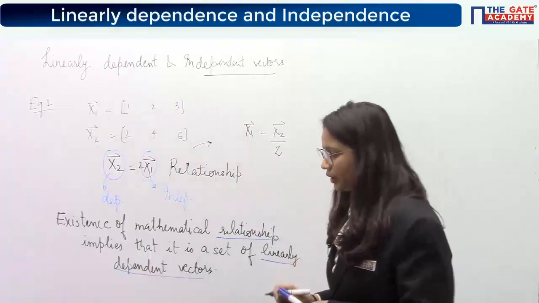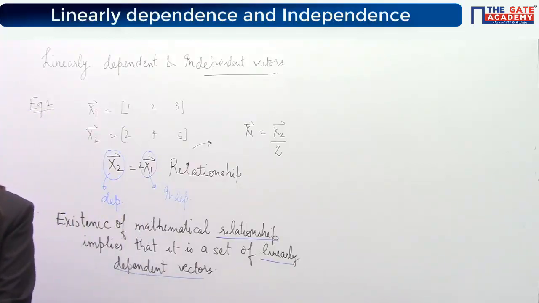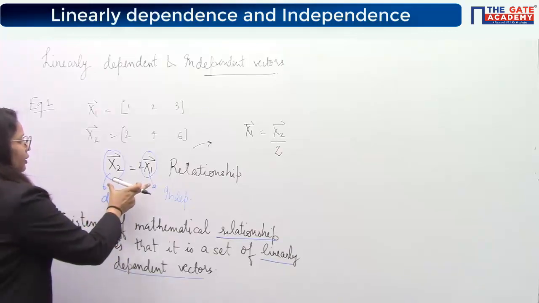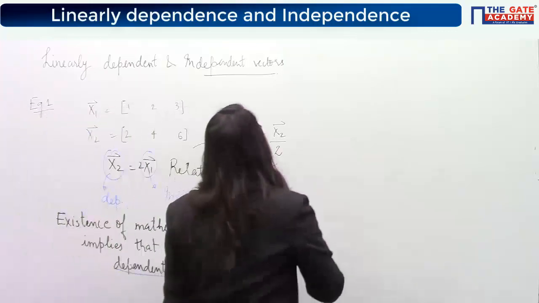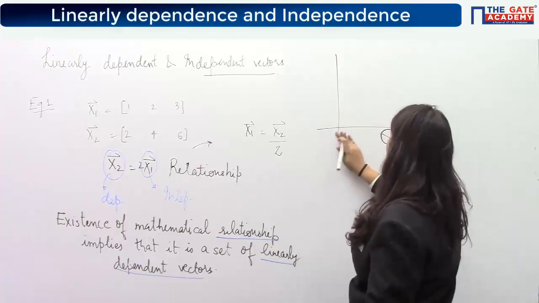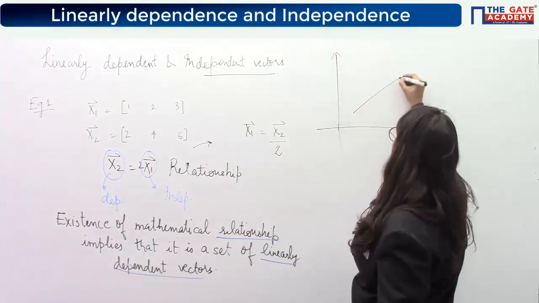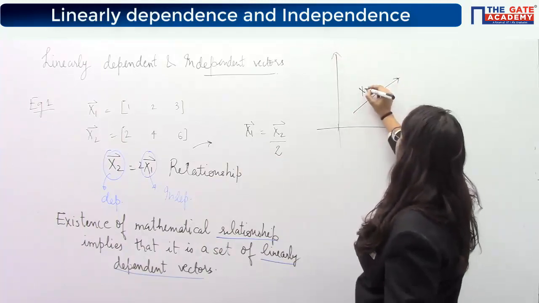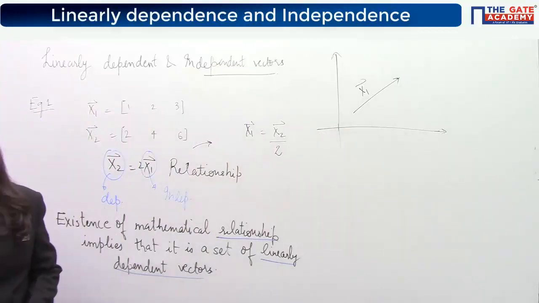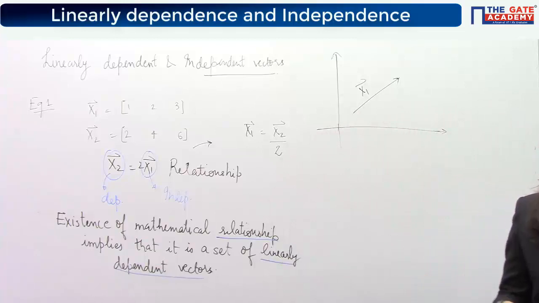Let's take some other example in which there are 3 vectors. Okay, before that, tell me, if I draw the x1 vector on the graph, let's say this is a 2D plane, and your x1 vector is somewhere here, then where will your x2 be, according to the position of x1?